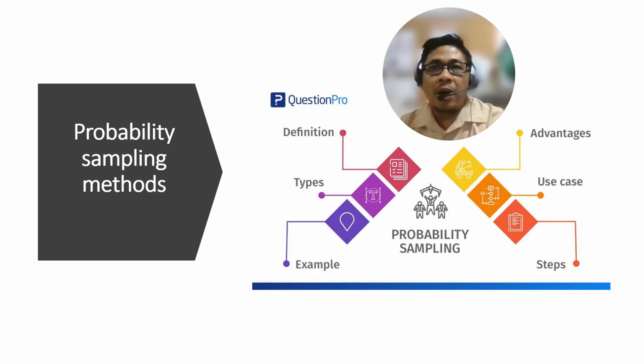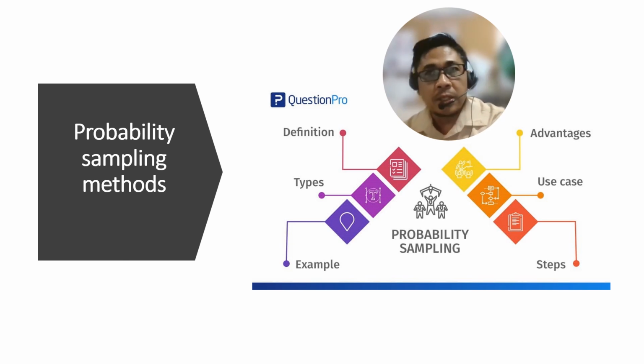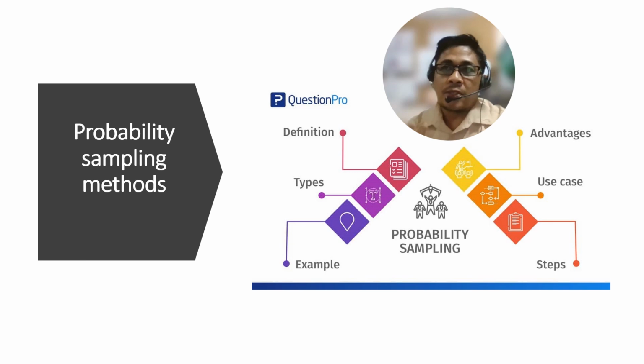So this sampling allows for unbiased and representative conclusions to be drawn about the population based on the sample. Okay, so take note of the words unbiased and representative conclusion. So you must be careful in the selection of your sample because it would affect the result and the conclusion of your study.